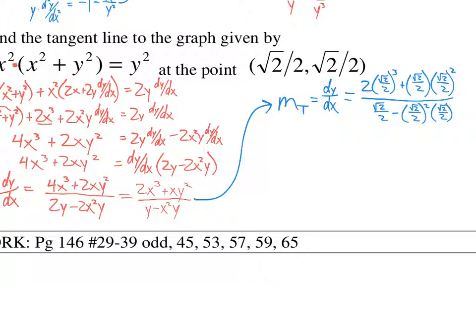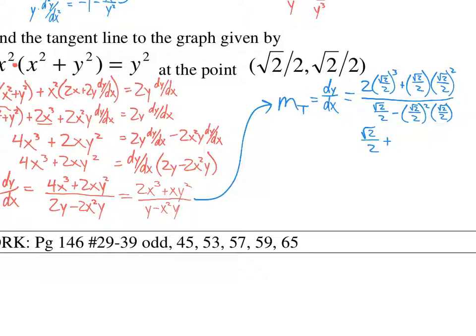So let's see, root 2 over 2 cubed is going to be 2 root 2 over 8, which is root 2 over 4, times 2 is root 2 over 2. Plus root 2 over 2 times root 2 over 2 squared.